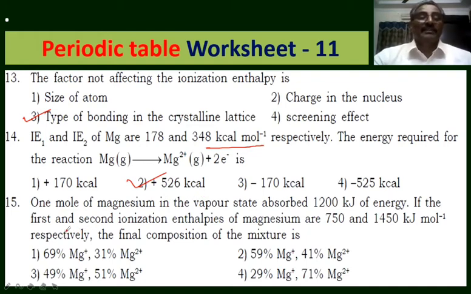Next, 1 mole of magnesium in the vapor state absorbed 1200 kilojoules of energy. If the first and second ionization enthalpies of magnesium are 750 and 1450 kilojoules per mole respectively, the final composition of the mixture is dash.